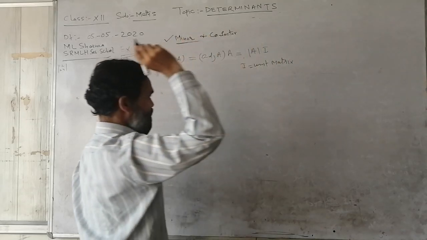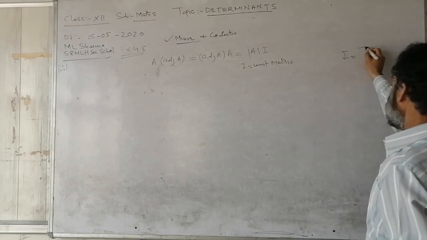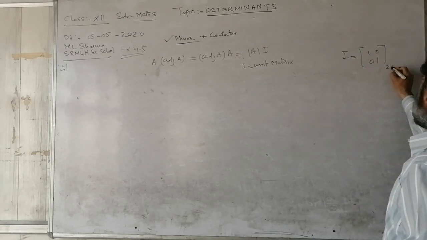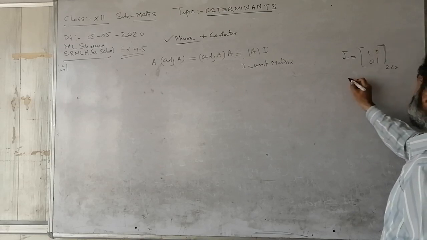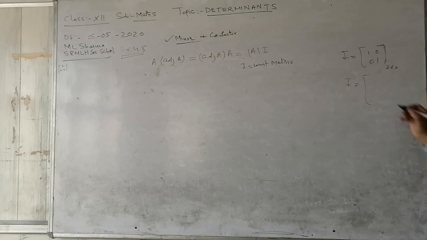And what is a unit matrix? It is written as, this is the 2 by 2 order unit matrix, and if I have to write the unit matrix of order 3, we write it in this way.